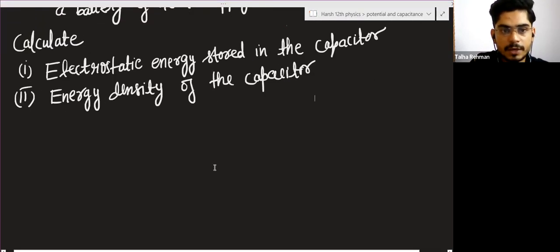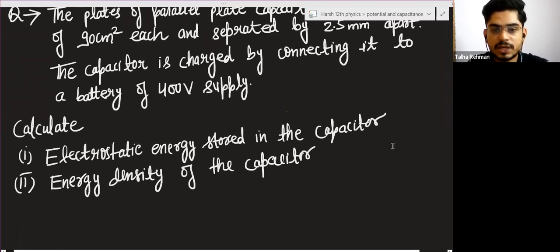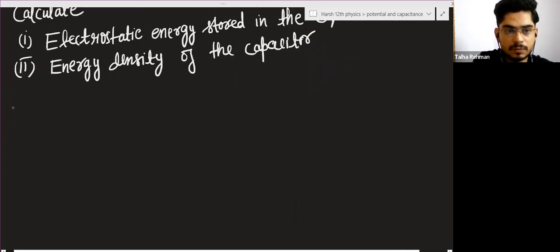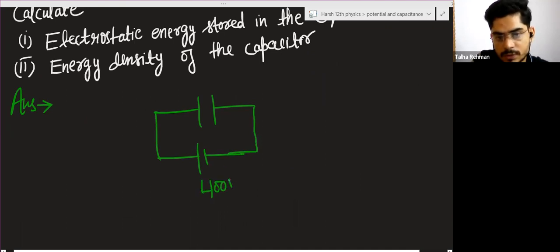So here we have given in the question that the parallel plate capacitor has area 90 centimeter square and d is equal to 2.5 mm, and it is charged by a battery of 400 volts.